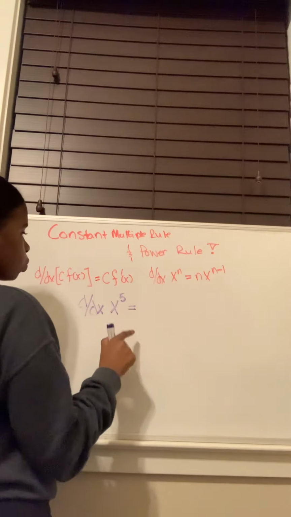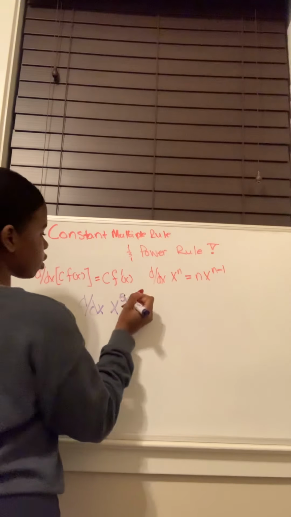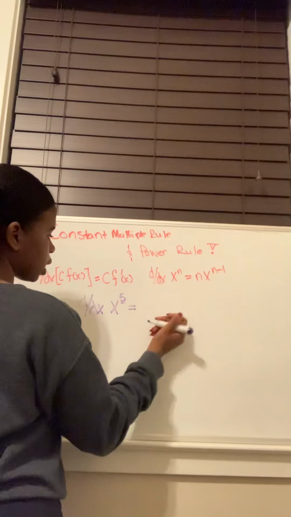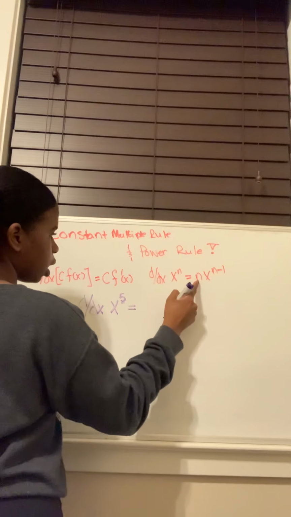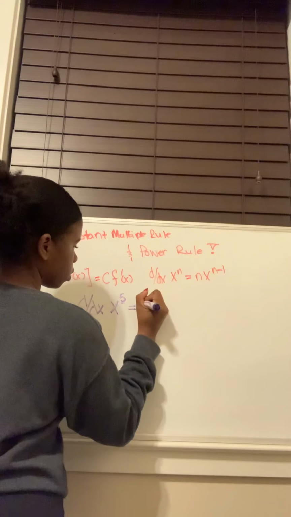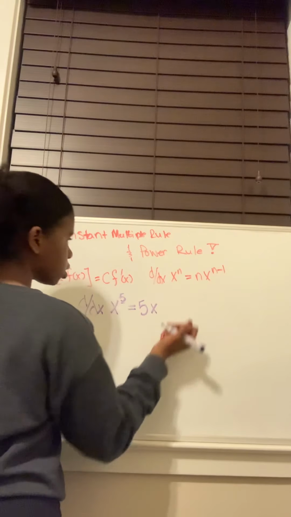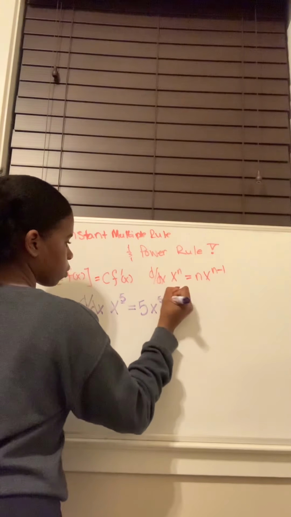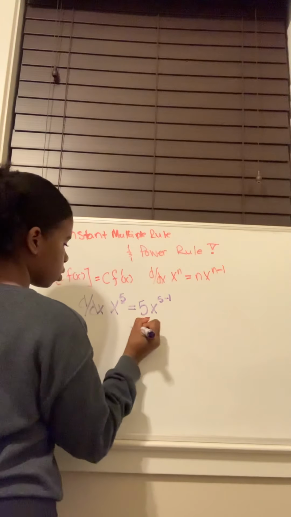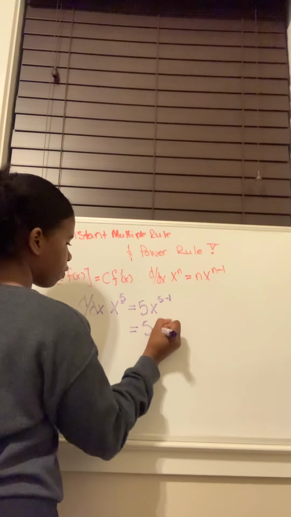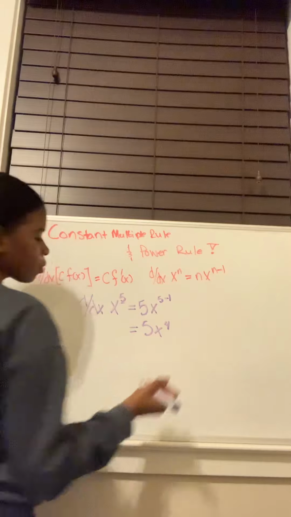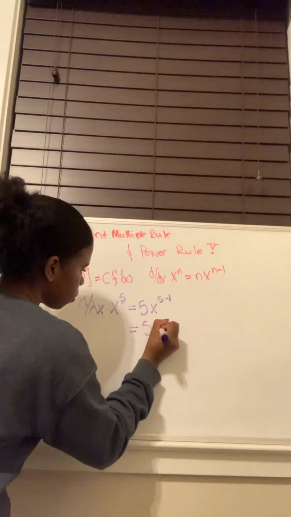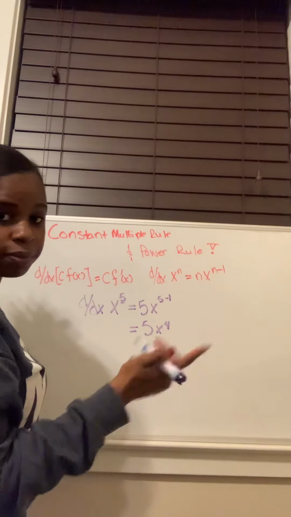Well, let's look at this rule. 5 is your n. So it looks like we're taking n and putting it here. Okay, so now it's 5x, and then we're taking n minus 1. Okay, so it's 5x to the 4. That's your derivative.